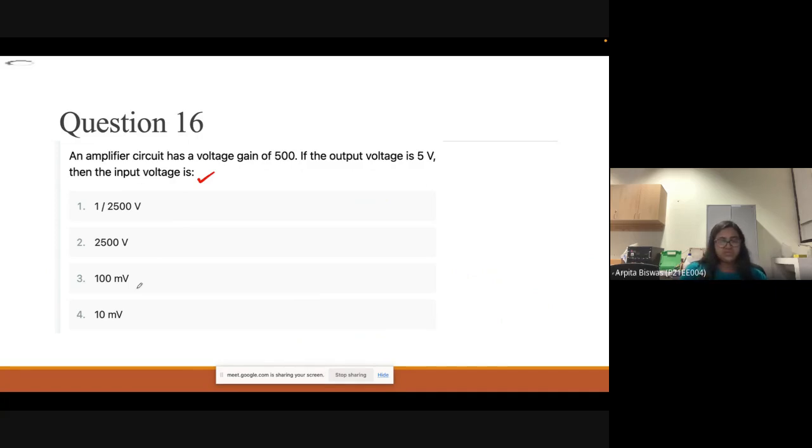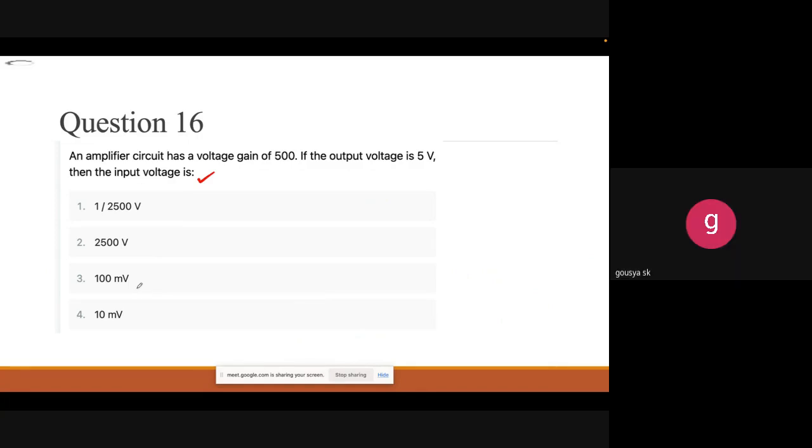This is a 1 mark MCQ question. Option D, 10 millivolts. Yes.